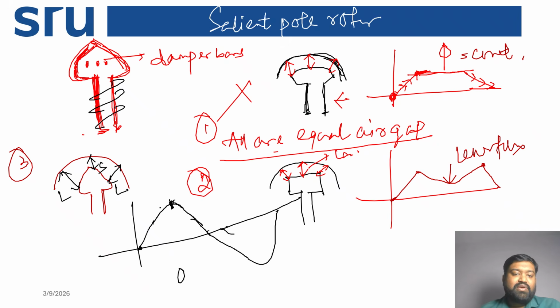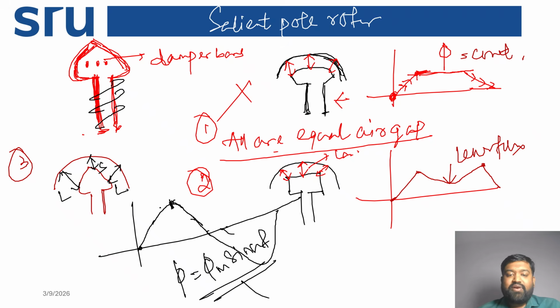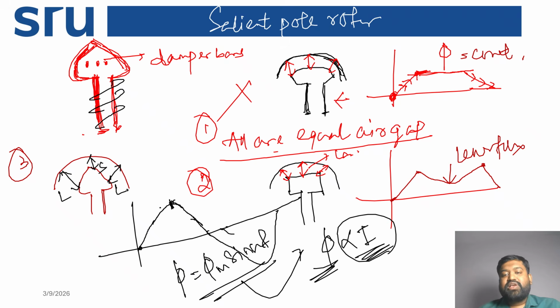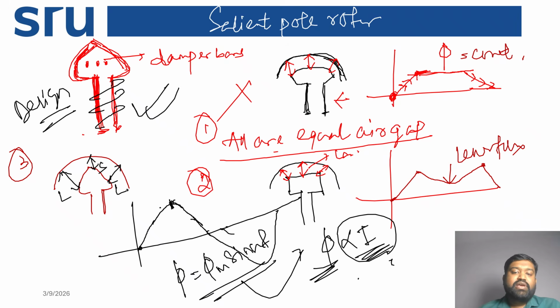But you see what you are getting now: the flux will become phi m sine omega t, and from this we know that flux is directly proportional to current. If flux is sinusoidal, the current is also sinusoidal. Our objective is now complete. By using this type of rotor design, you are producing the sinusoidal current.